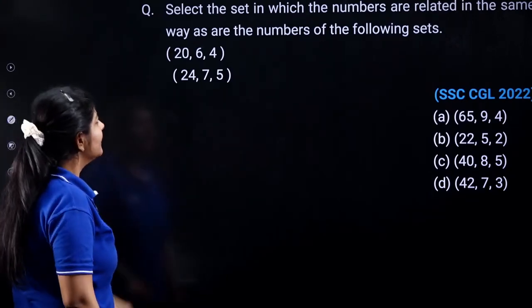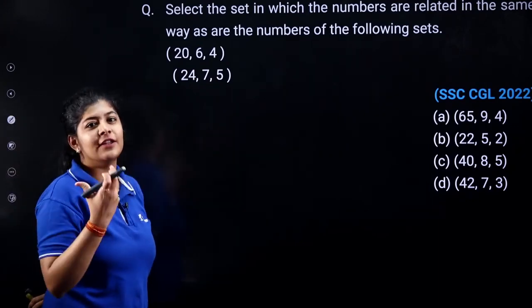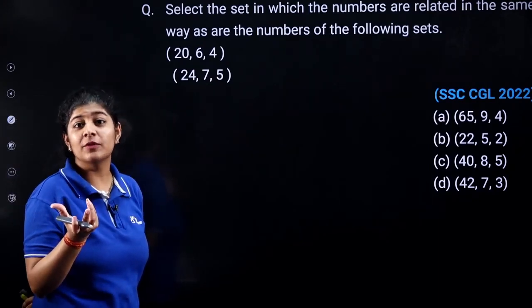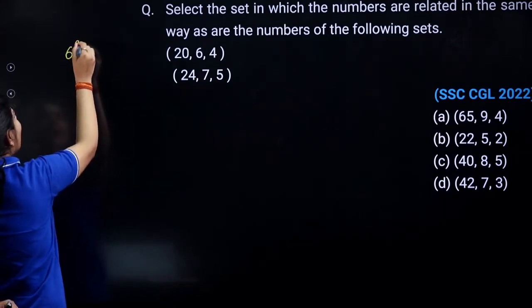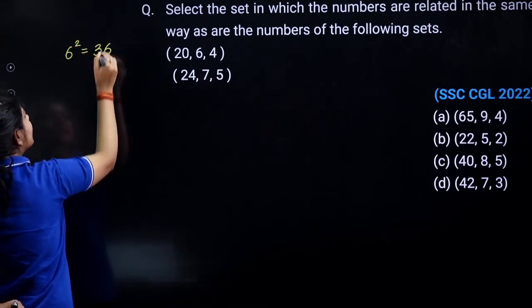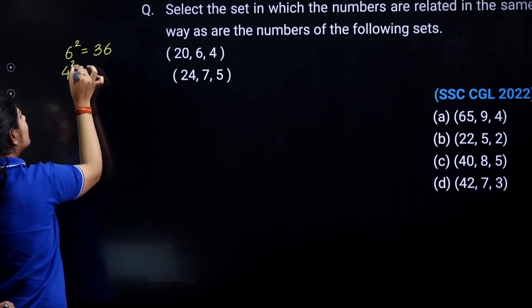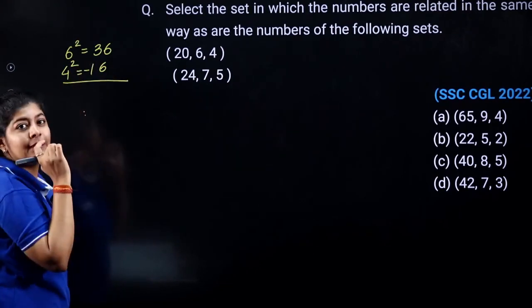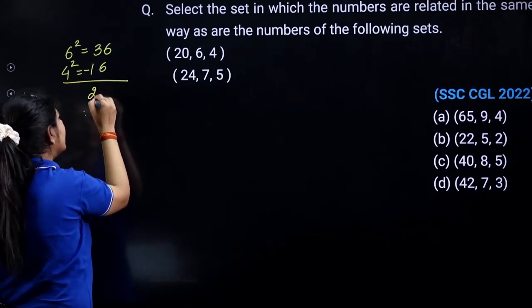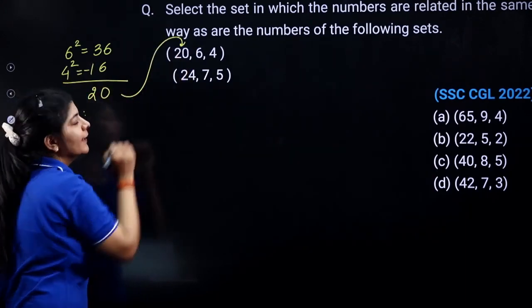Now I am thinking continuously, as I am having numbers, so I have to play with the numbers. What is the square of 6? I know that the square of 6 is 36. And what is the square of 4? That is nothing but 16. If I find the difference between these two squares, I am getting 20, which is given over here.